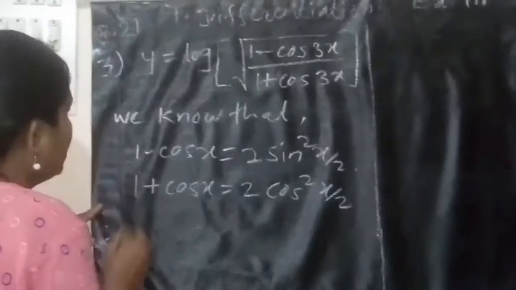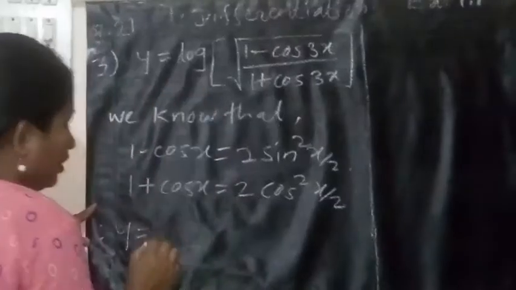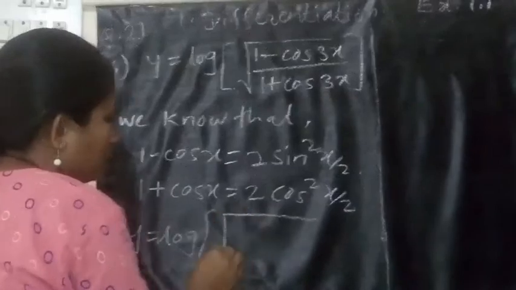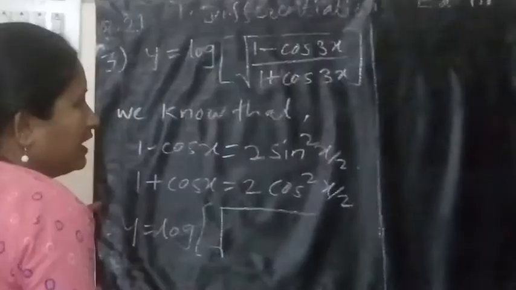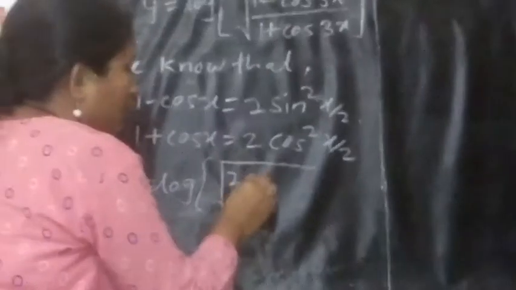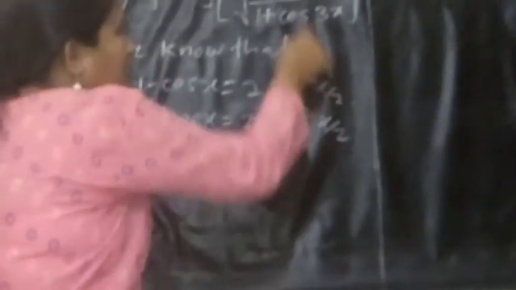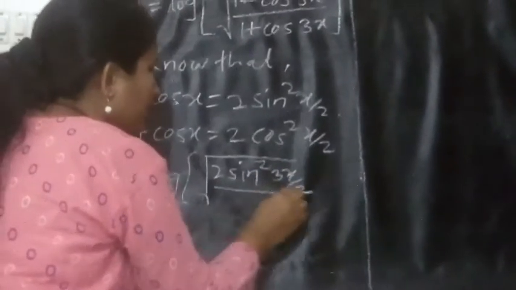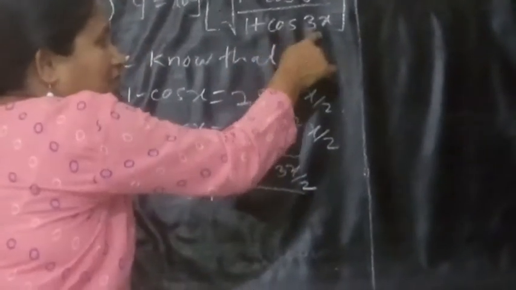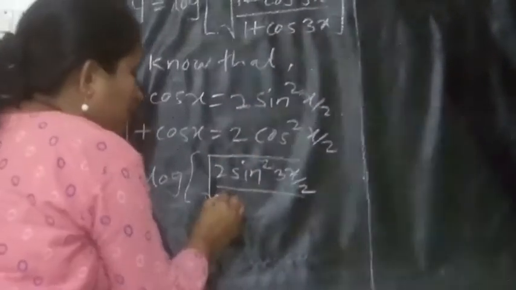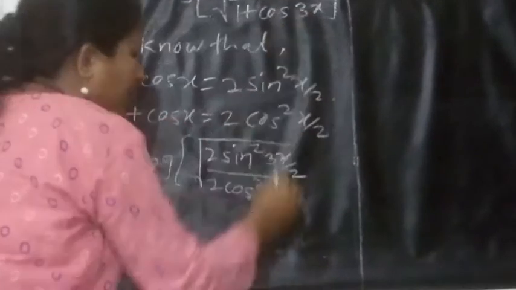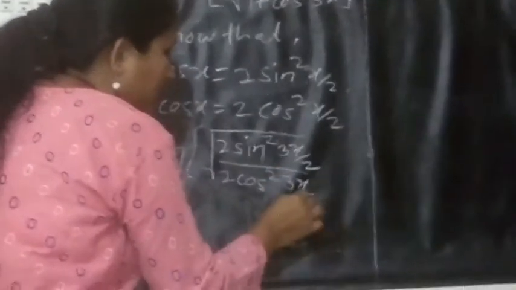Therefore, y is equal to log of square root, we can put the value of 1 minus cos 3x as 2 sin square, in the place of x we can write 3x upon 2, upon 1 plus cos 3x as 2 cos square, in the place of x we can take 3x by 2.